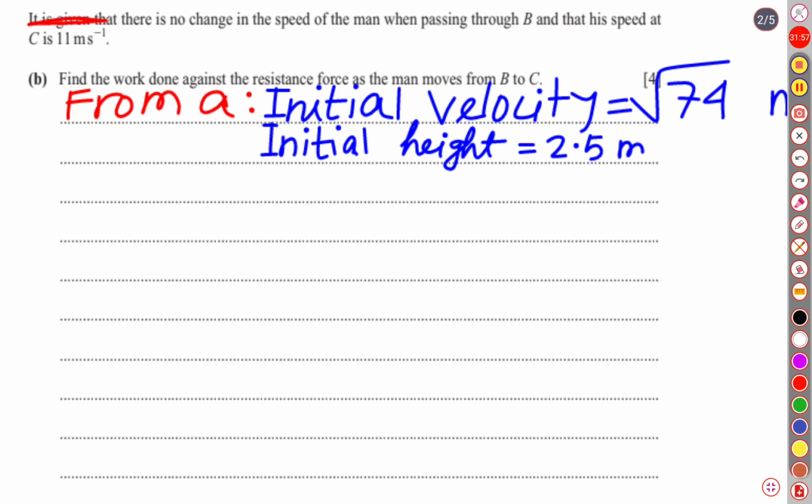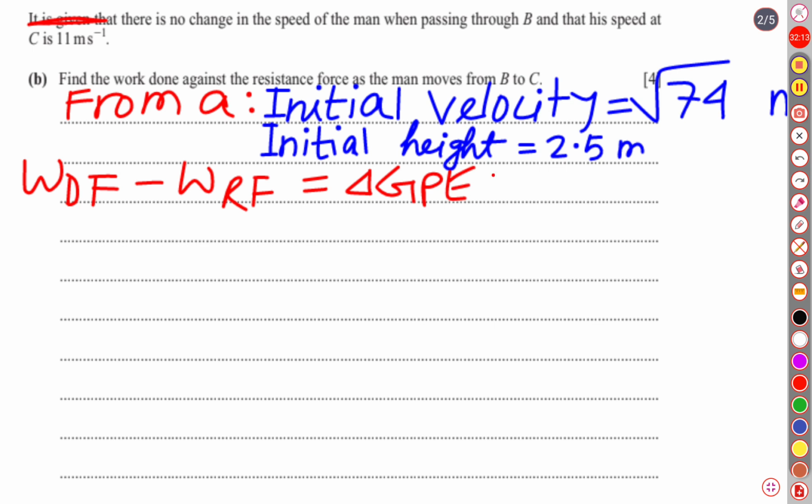So let us start writing our solution. The work done by driving force minus work done by resistance to motion is equal to the change in GPE as well as the change in kinetic energy, gravitational potential energy as well as kinetic energy.